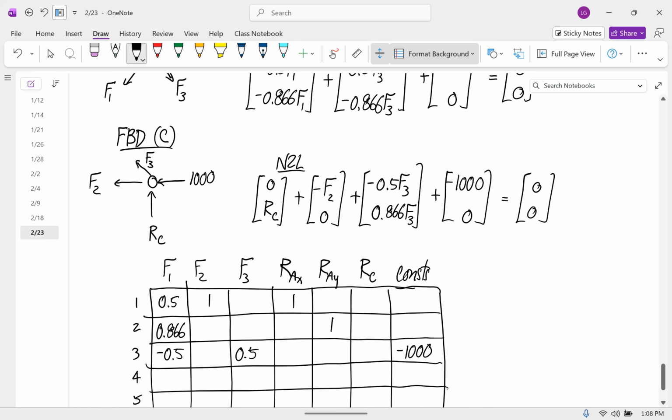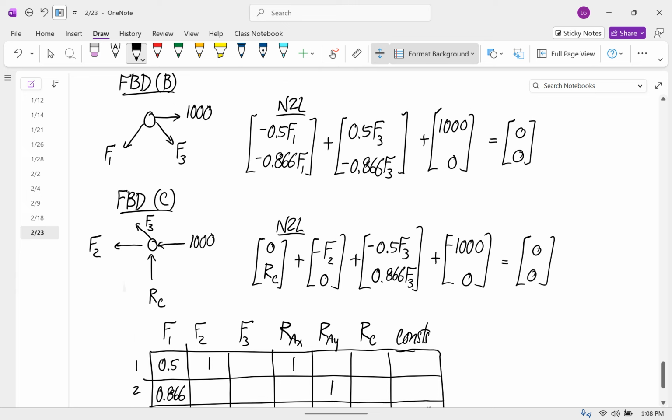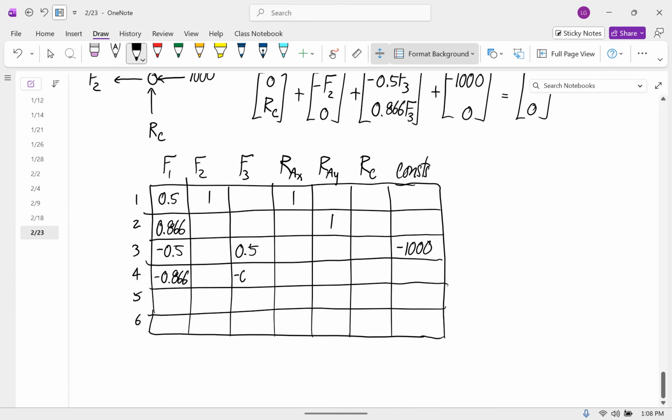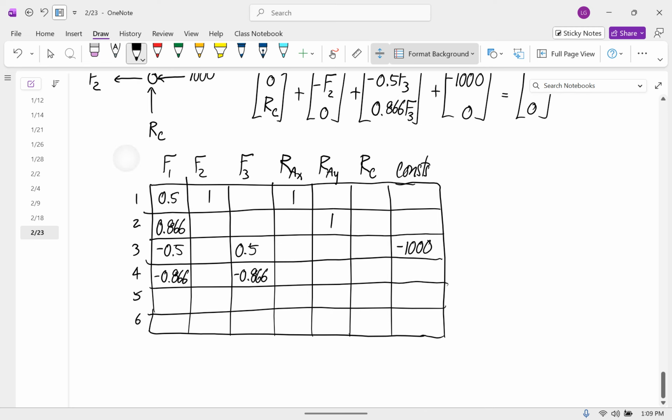For equation 4, F1, we have negative 0.866. For F3, we have negative 0.866. And nothing else. And then for equation 5, F2, we have negative 1.